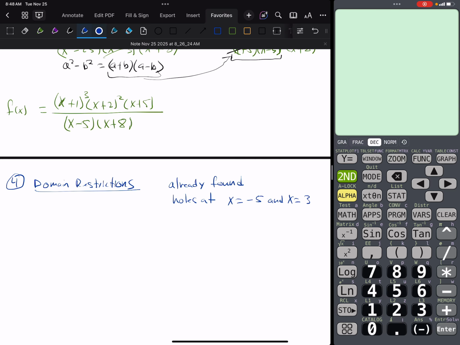Now I'll need y values for those holes, and I'll just get them by putting 3 and -5 in for f of x. And so let's go ahead and just do that. So if I evaluate, my y value here is going to equal f of -5, which will equal, if I plug all that in, we'll do it on this calculator.